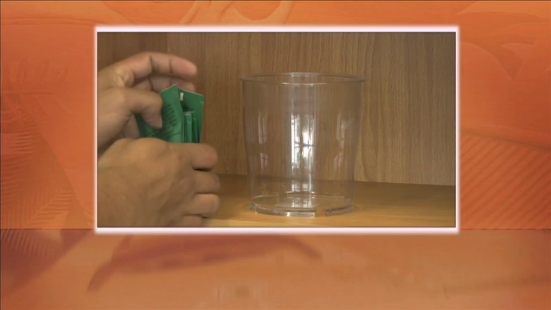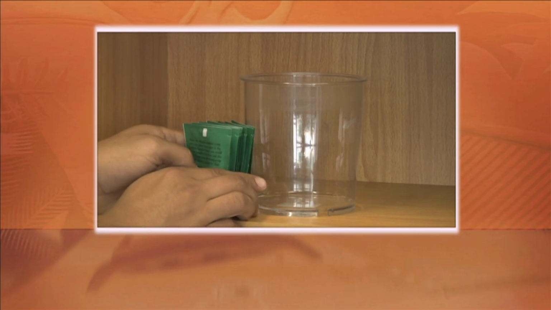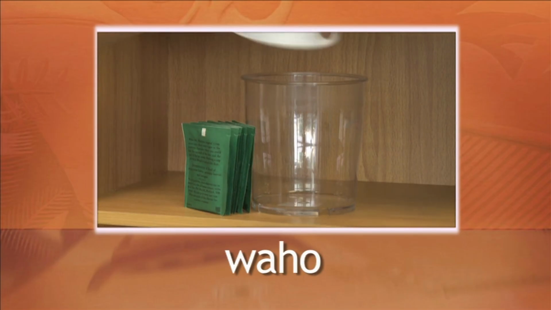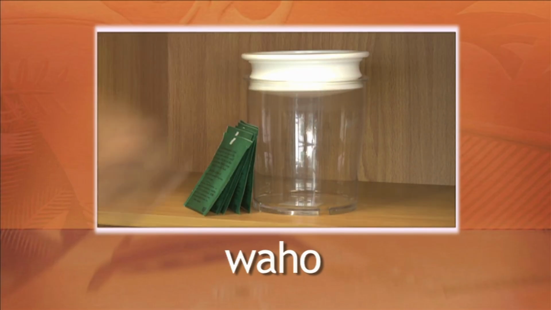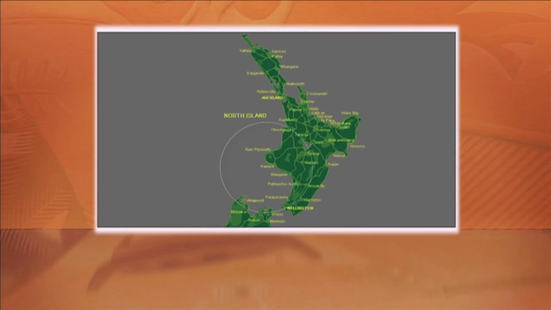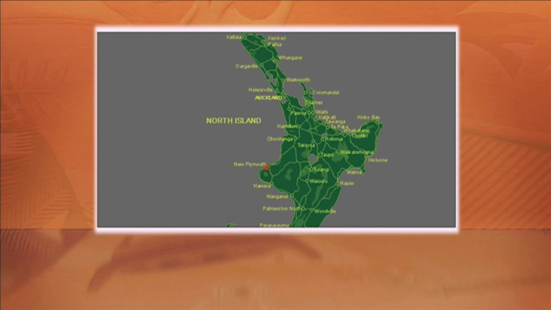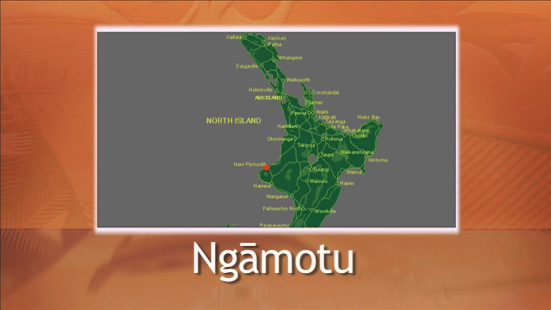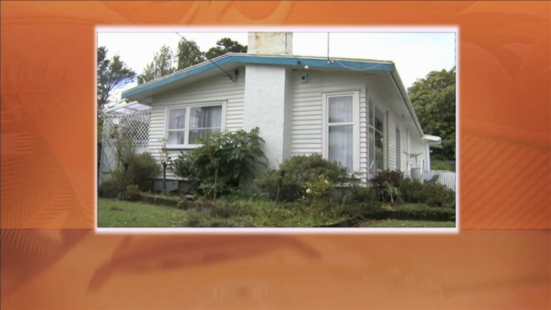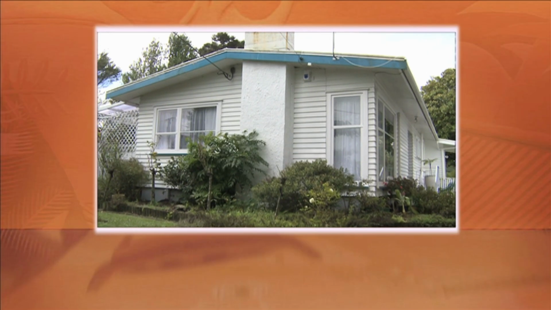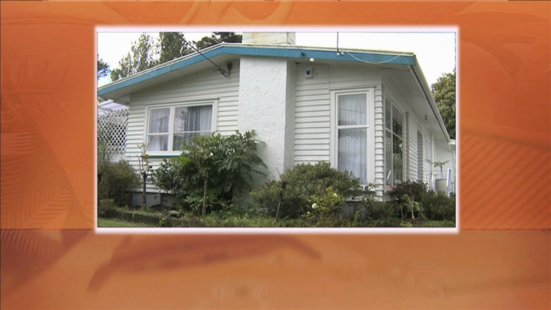Waho, outside. Waho. Ngā Motu, New Plymouth. Ngā Motu. Kāinga, home.